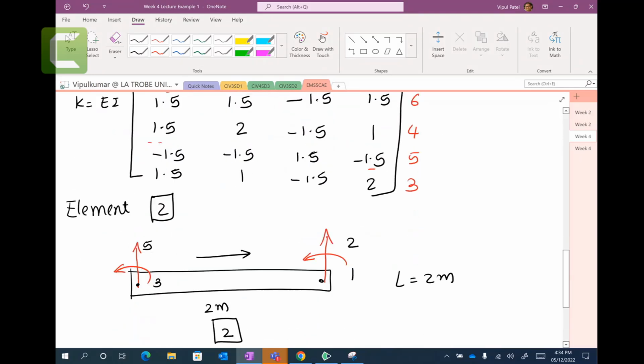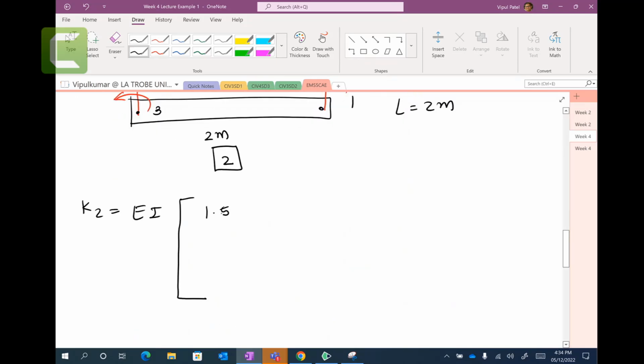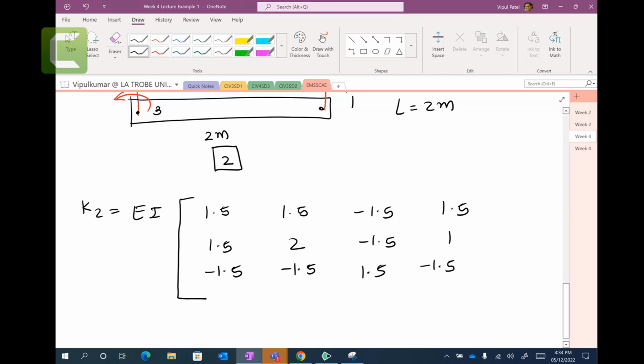EI is 1.5. If the length is the same, you can make it exactly the same: 1.5, 1.5, 1.5, 2, minus 1.5, 1, minus 1.5, minus 1.5, 1.5, minus 1.5, 1.5, 1, minus 1.5, 2.